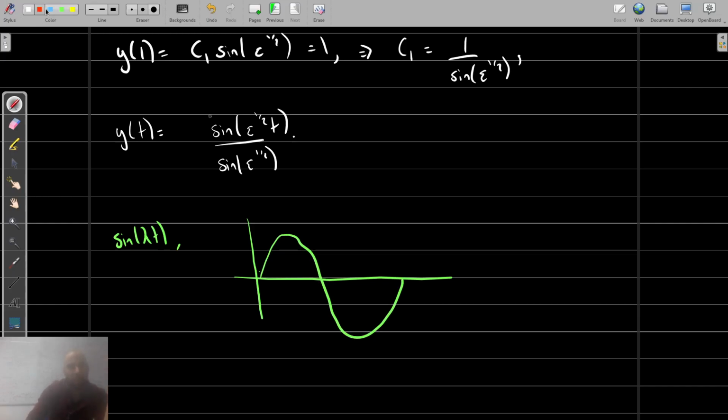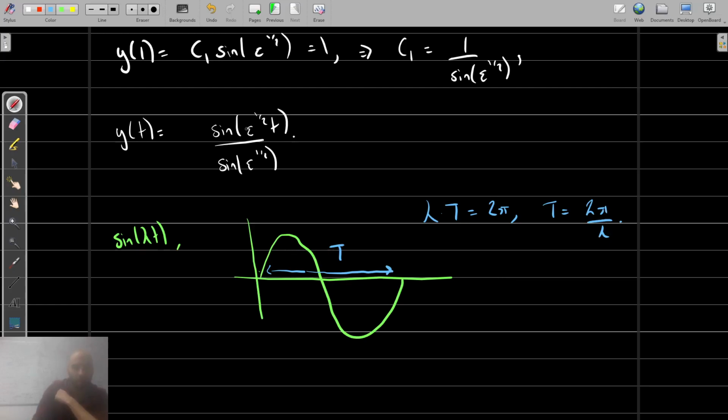Now we can figure out the length of this curve, we're going to call it T. This happens when lambda times T equals 2 pi, so T, the period of the wave, is going to be 2 pi over lambda.